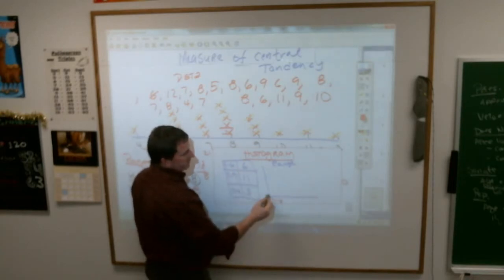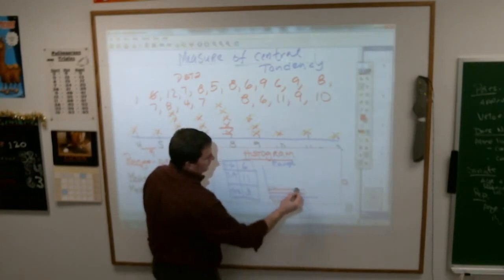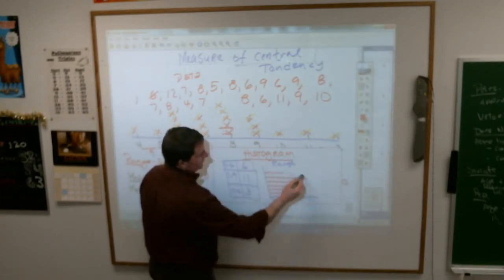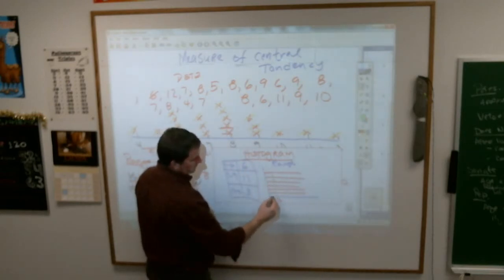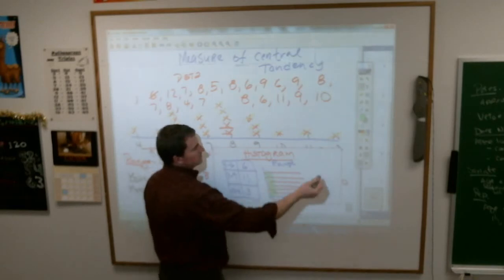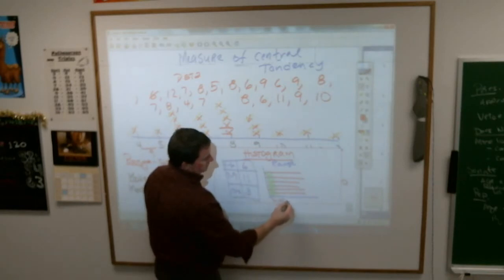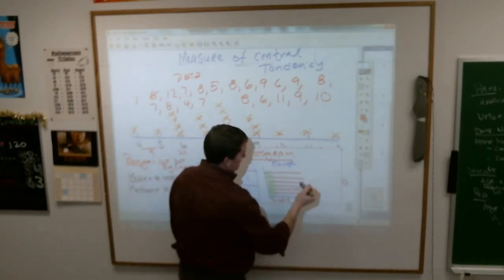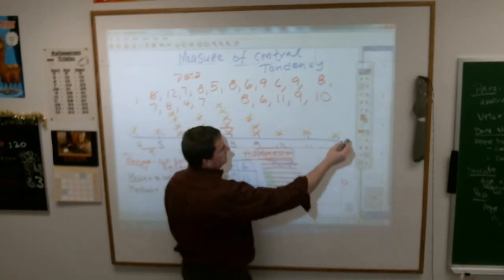I had 6 people. Let's go here. 1, 2, 3, 4, 5, 6. 6 people had the 4 to 6 range. How many people had the 7 to 9 range? 11, which means I gotta do what? 7, 8, 9, 10, 11.